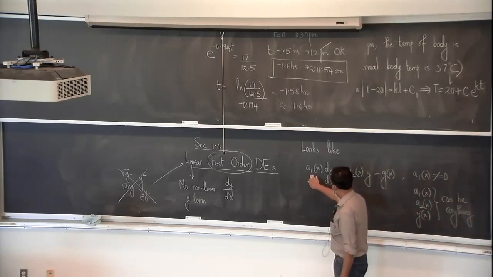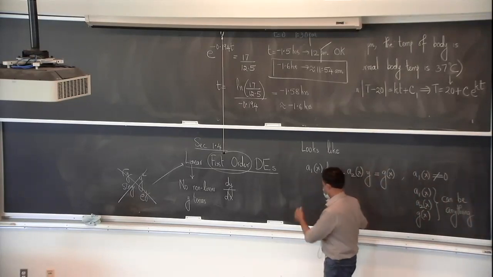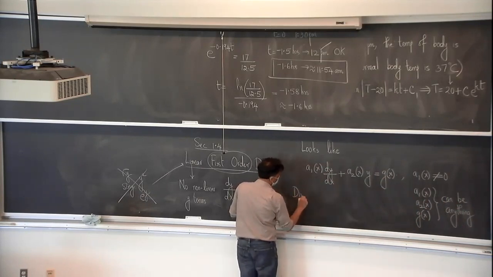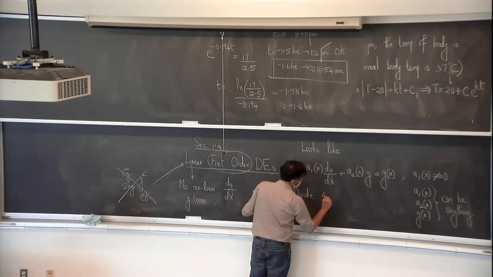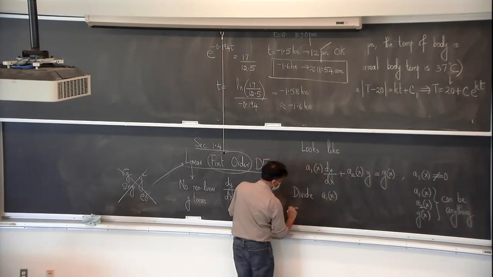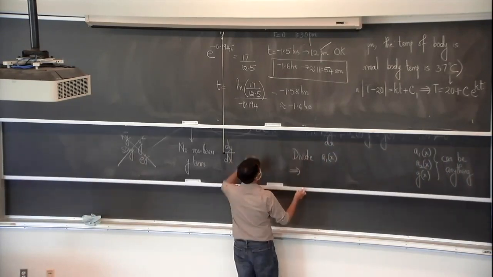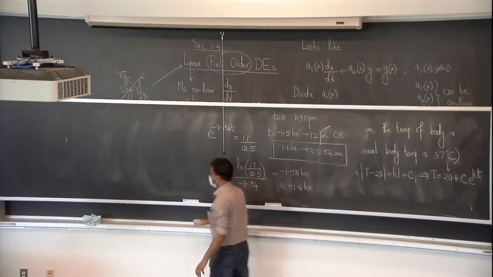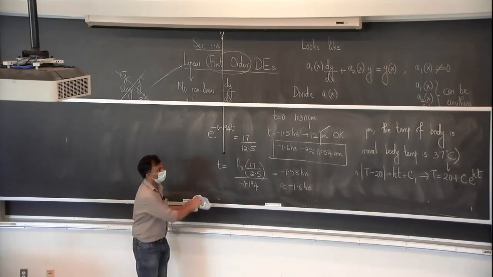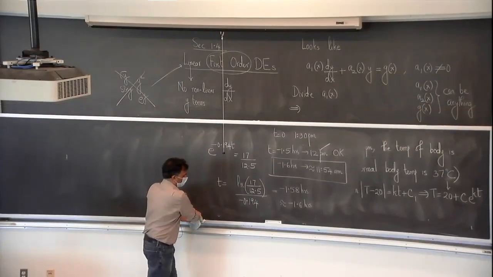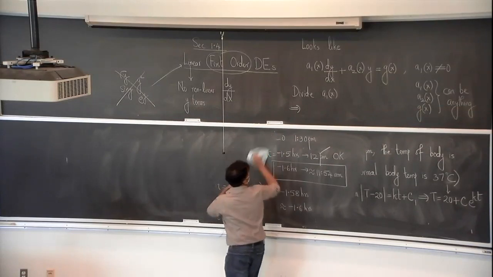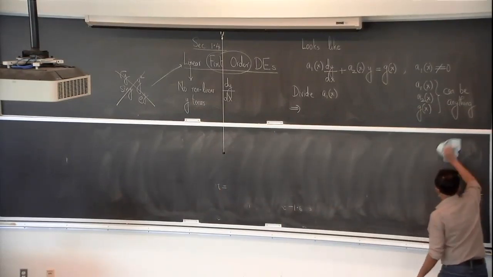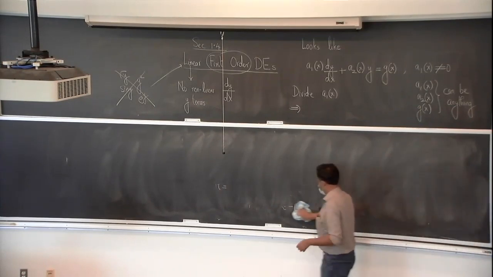What we'll do is divide by this leading coefficient throughout, because it's not equal to 0, so there's no harm in doing it. So divide by a1 of x and you get the differential equation with some rather weird looking constants.